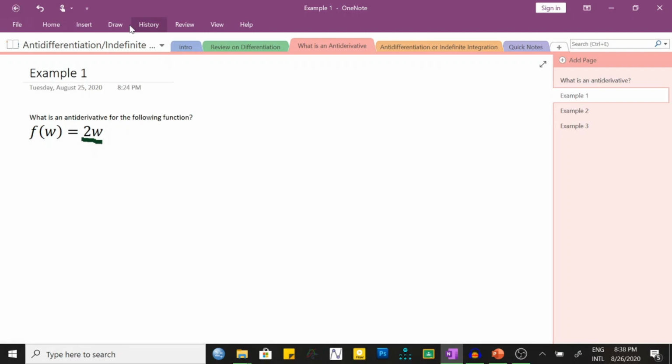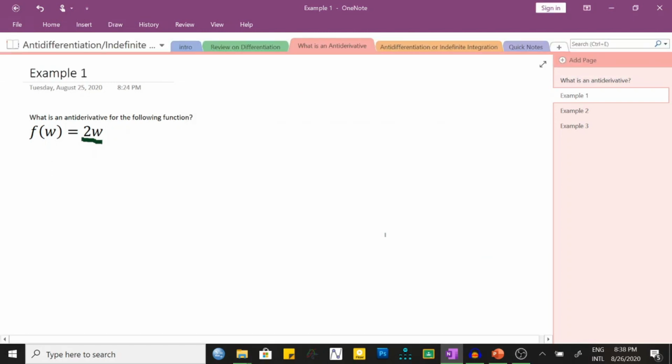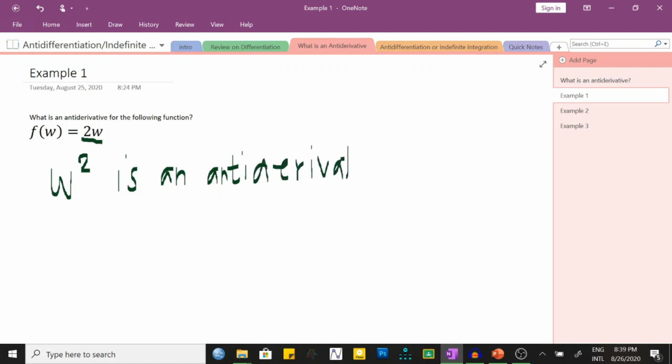Let us write that back. w squared is an antiderivative of f of w equal to 2w.